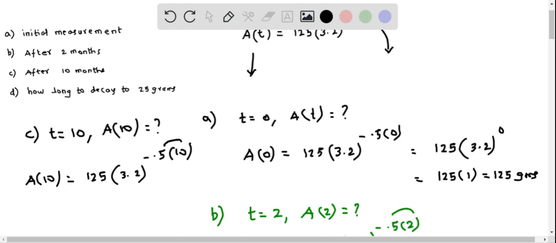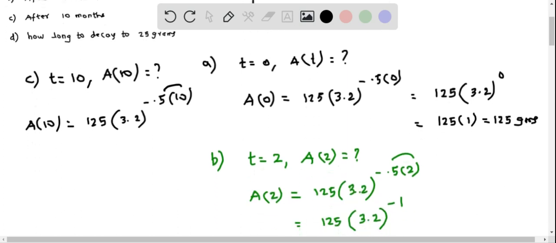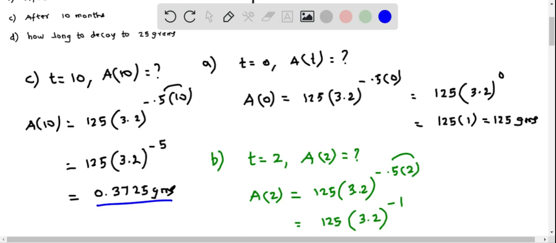Negative 0.5 times 10 is negative 5. So this simplifies to 125 times 3.2 raised to the power of negative 5. We plug this into the calculator, and when we do that, we get 0.3725 grams. So this is the amount present after 10 months.